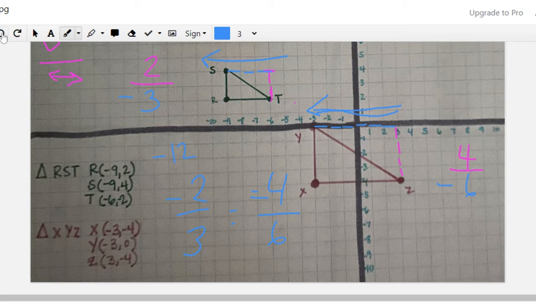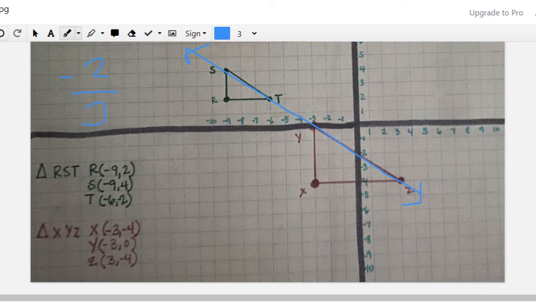Let me clear this stuff. And I'm going to try my best to do this with a steady hand. So if you look at this, these triangles are on this line right here. And that's the best I can do, so don't judge me. So if I wanted, we said our slope was -2, +3, right?